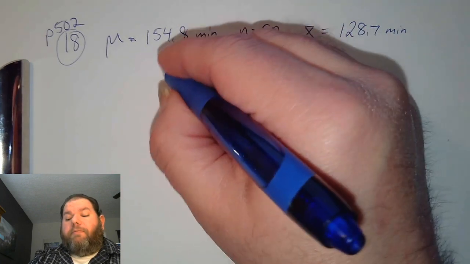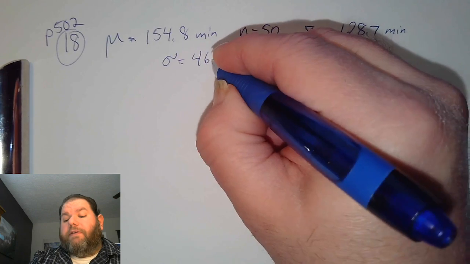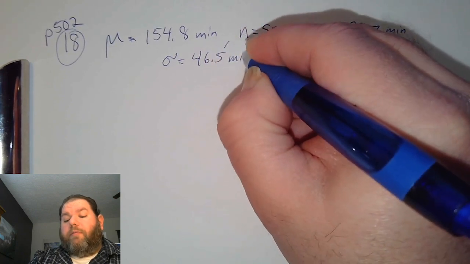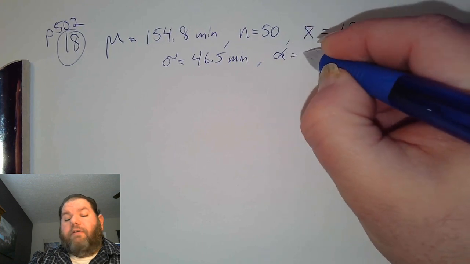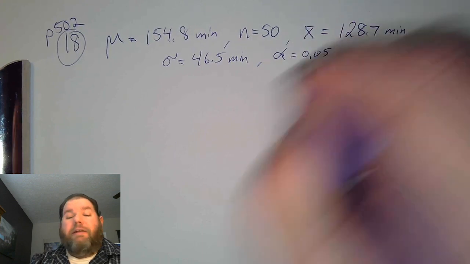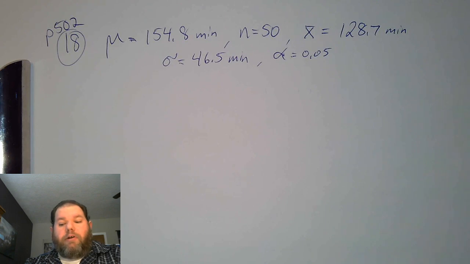Our sigma, our standard deviation, is 46.5 minutes, so there's some wiggle room. We're calculating this at an alpha equals 0.05 level of significance. So those are the 5 values that we really need to work this problem: mu, n, x bar, sigma, and alpha.